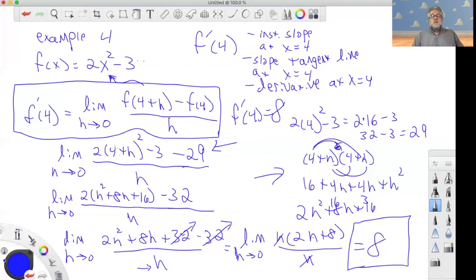And then you've got to multiply this thing out right here, right? You've got to do whatever the function says. You've got to FOIL that thing out correctly, and you've got to get the right thing.